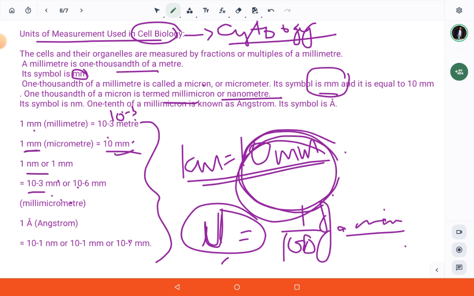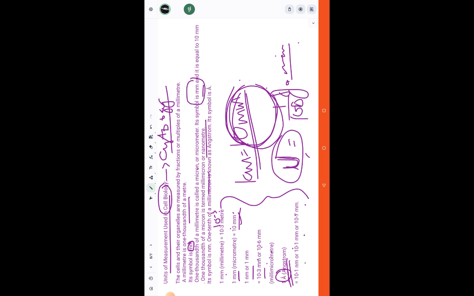Now 1 angstrom is represented by this. So 1 angstrom is 10 to the power minus 1 nanometer. So remember, this is nanometer, millimeter, micrometer. Like this you have to just remember all the words. So these were some sets of important units I needed to discuss before dealing with the chapter itself.